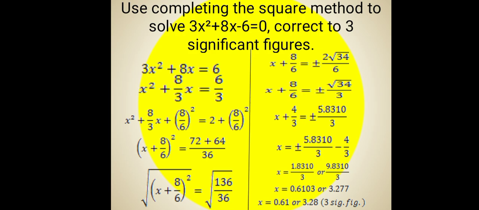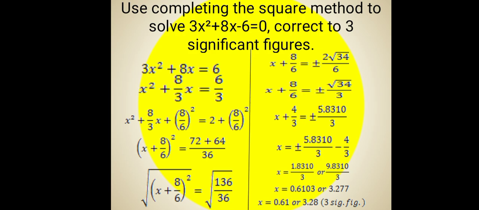Use completing the square method to solve 3x squared plus 8x minus 6 is equal to 0. Correct to 3 significant figures. Now for that equation, in order to solve by completing the square, we have to divide across the equation by 3, so as to make the value before x squared to be 1.